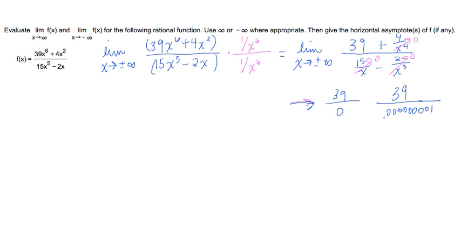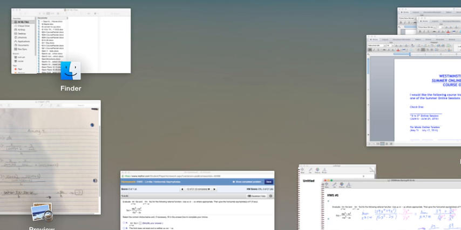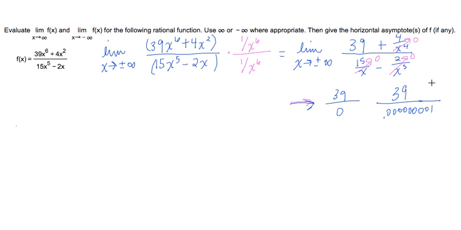But basically you have 39 divided by some really, really small number, which, I'm not sure if you can see my calculator, but 39 divided by whatever small number is 39 billion and so on. It just gets bigger and bigger. So that approaches, really it's hard to tell right now. We can't tell if it approaches positive infinity or negative infinity. There's no way to know.